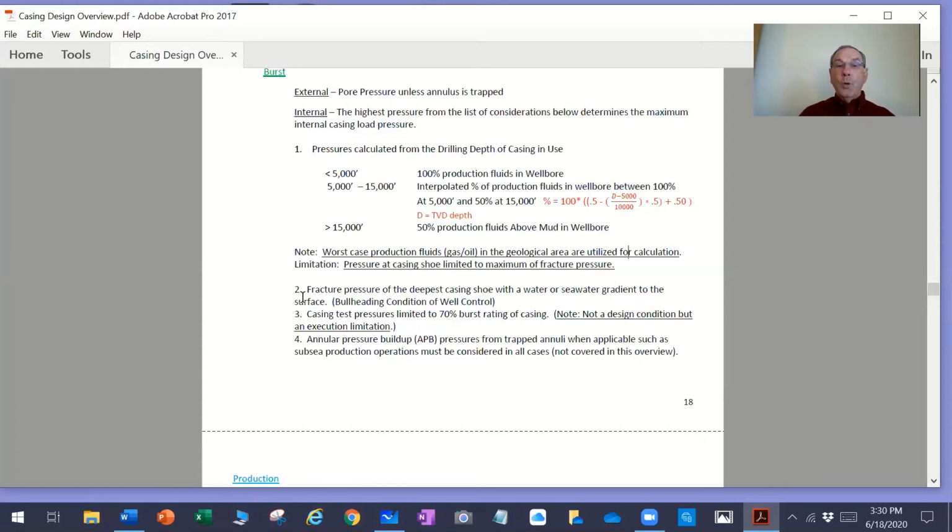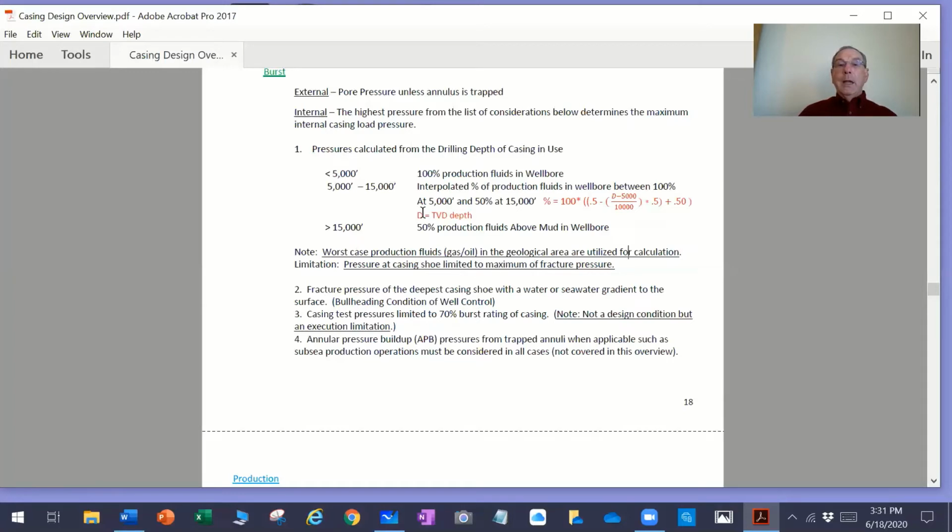Criteria number 2 is a fracture pressure of the deepest casing shoe with a water or seawater gradient down to the surface. I call this the bullheading condition. So you would go through and calculate a load based on number 1 for, let's say, a surface casing or intermediate casing.